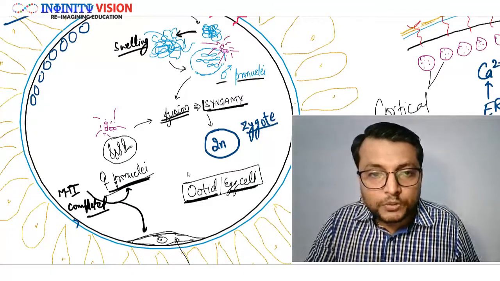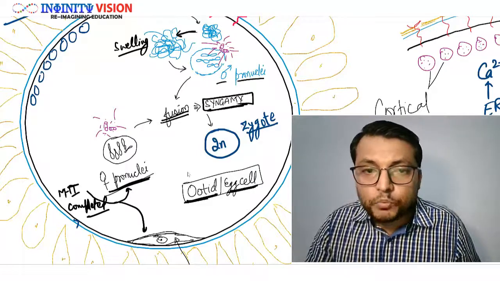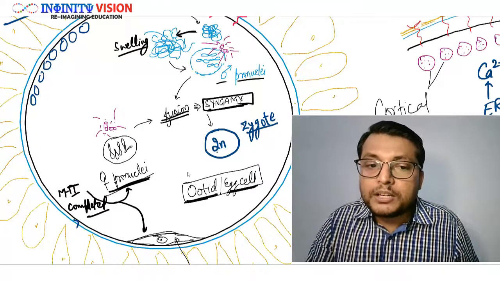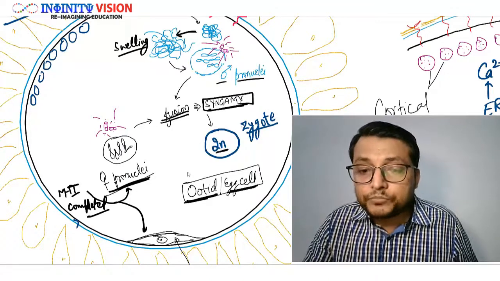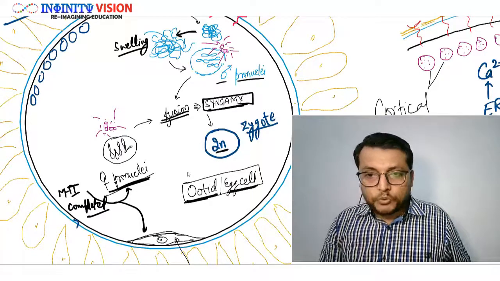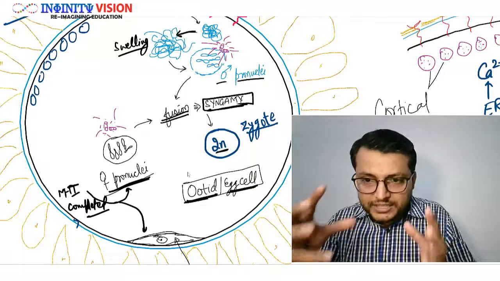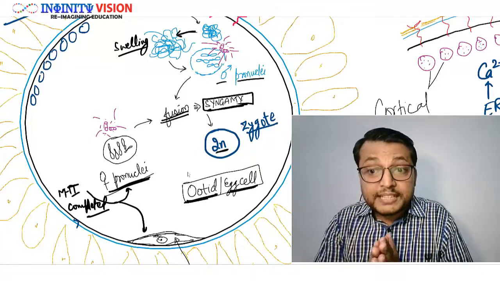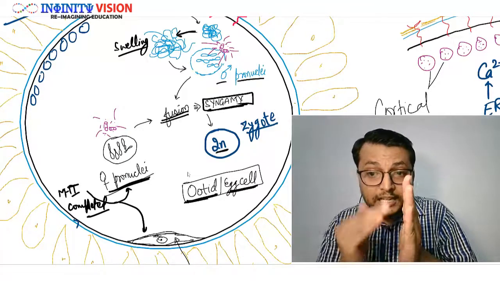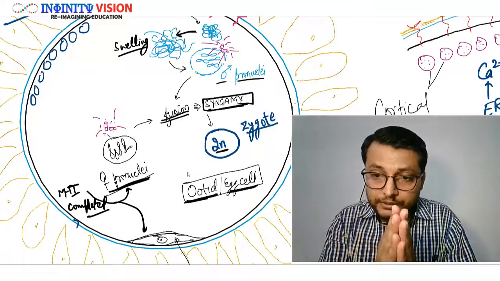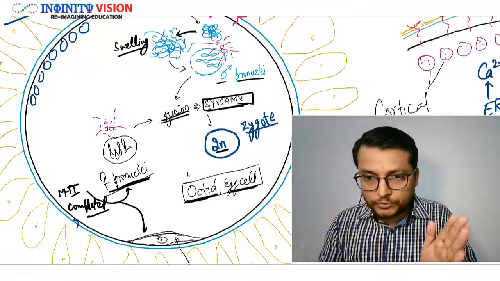Remember? So after this syngamy, what will be formed? A diploid nucleus, and this nucleus has homologous pairs of chromosomes. That's why it is diploid, and it has one chromosome from the father and another from the mother, and similarly for the rest of the chromosomes.